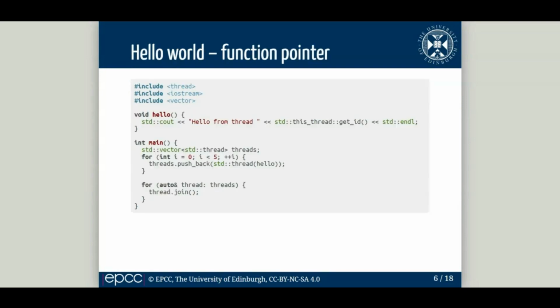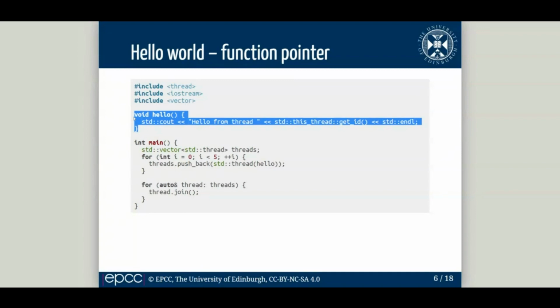Here we have a hello world using a function pointer. Here we are using the library iostream to print a message in the standard output, and the library vector. So you see that we have this function here.